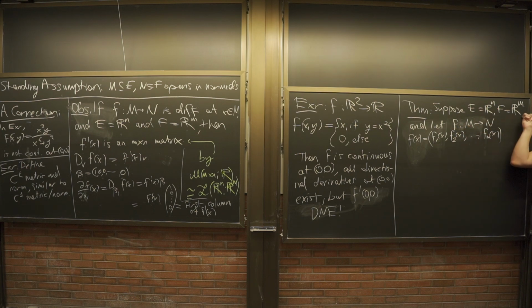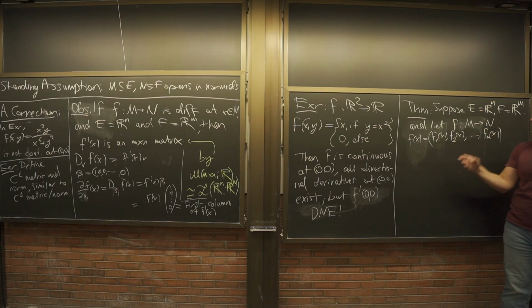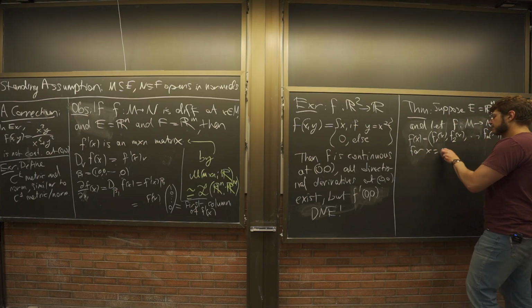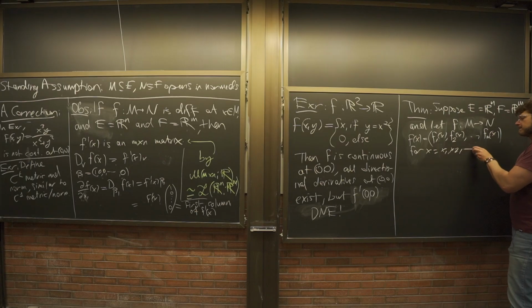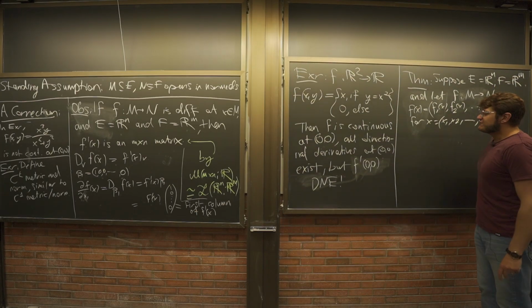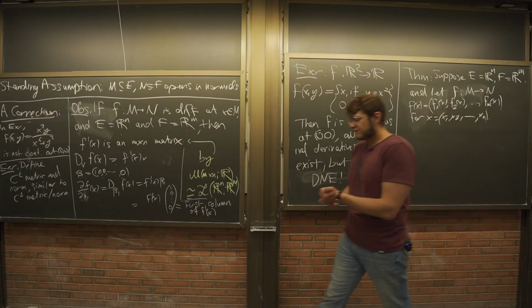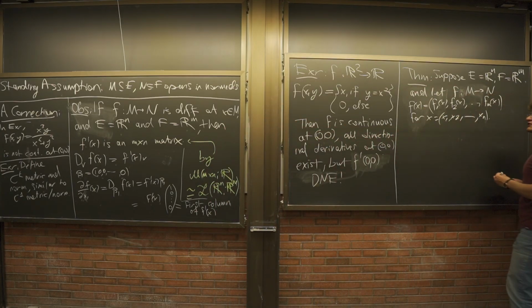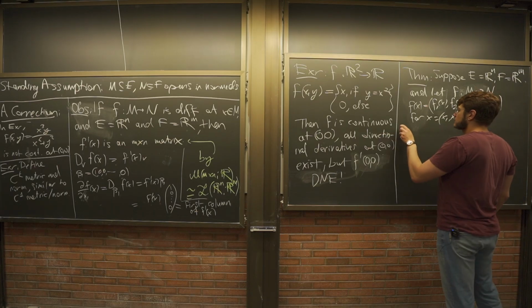F takes values in Rm. It has m components. Each input x has n components. Okay. Then f is in C1 if and only if each partial of each component exists and is continuous.